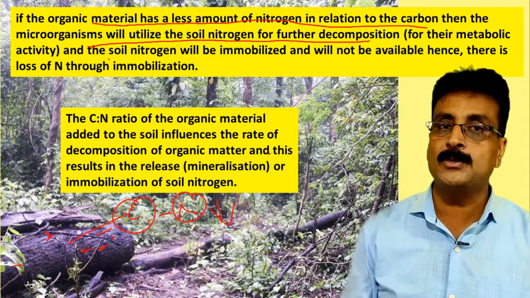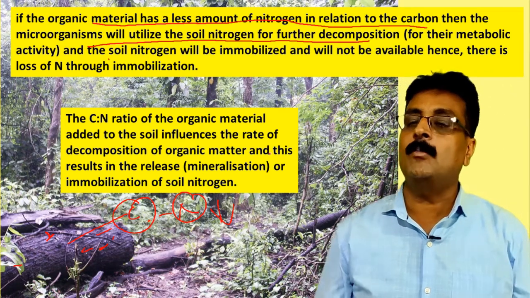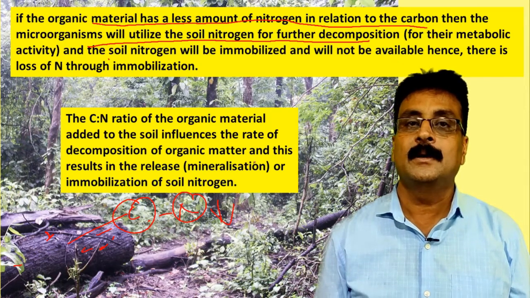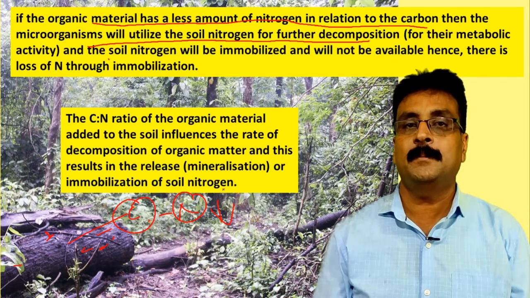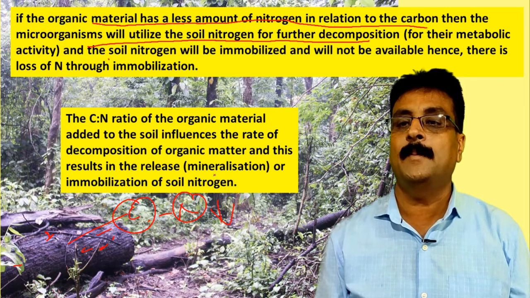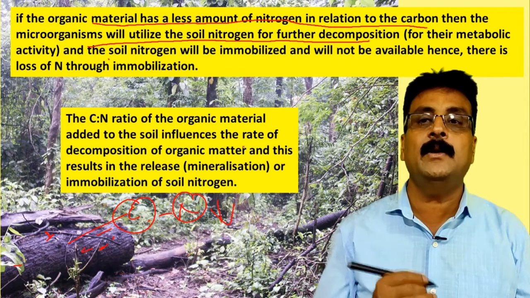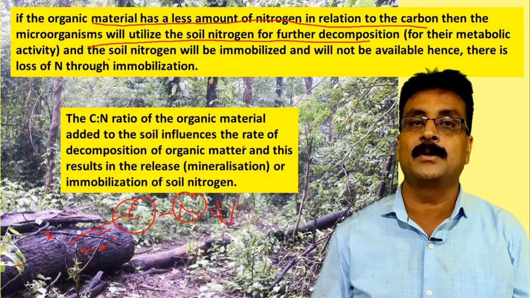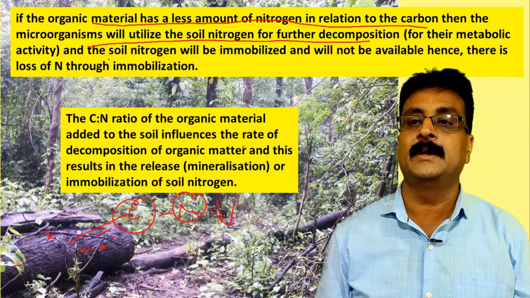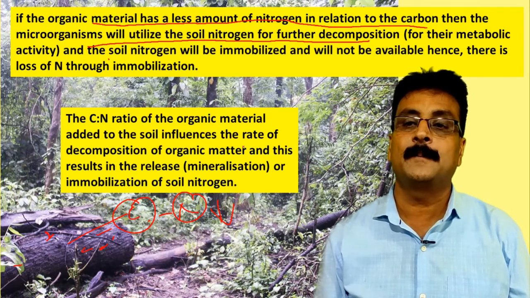To decompose that cellulose, there will be a lot of microorganisms in that particular wood. These microorganisms, for their own metabolic activity, need nitrogen, so they will use it from the soil.